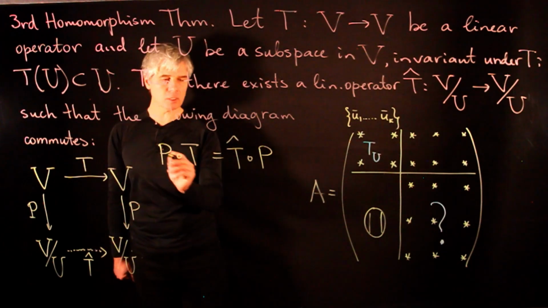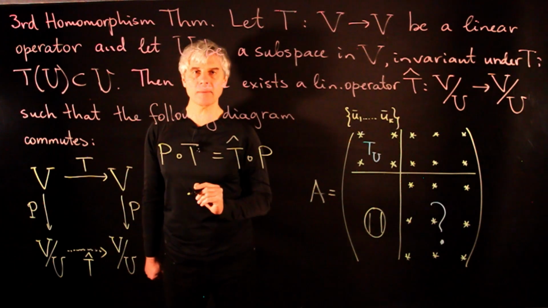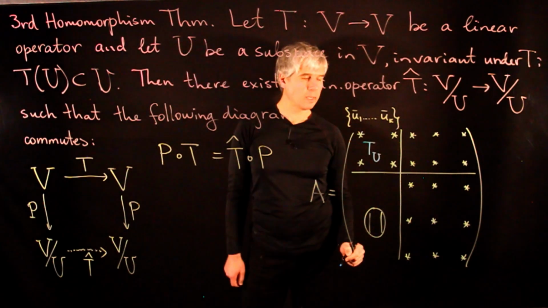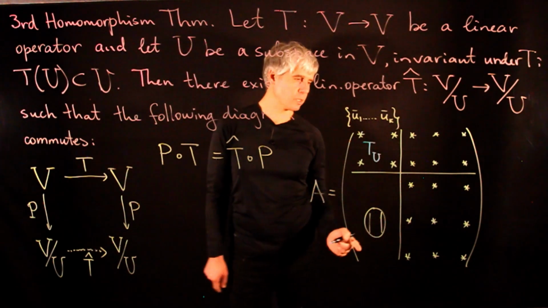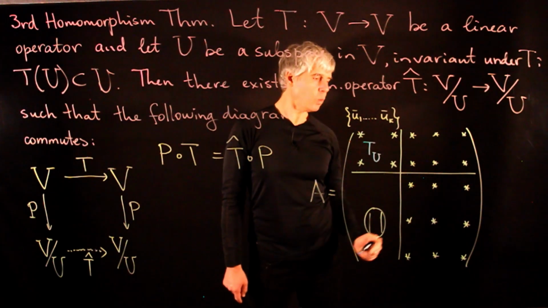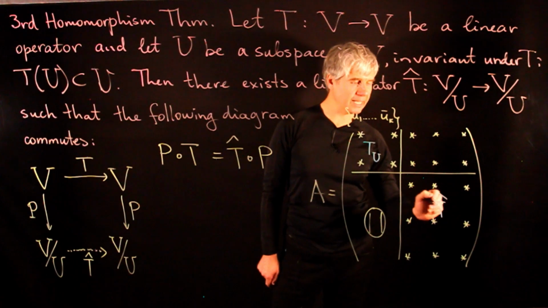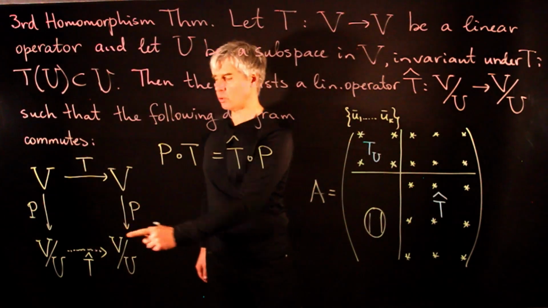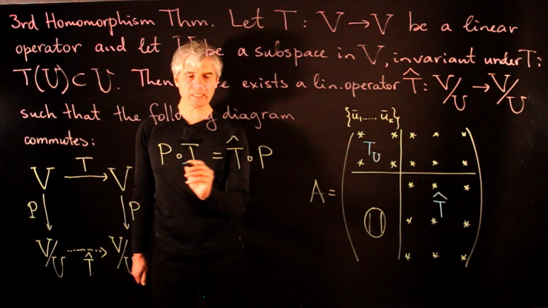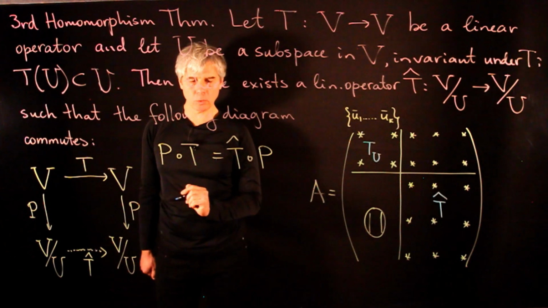So this means that these two compositions produce the same linear transformation. And to answer the question that we posed, this lower right corner is the matrix of the operator T hat on this quotient space.